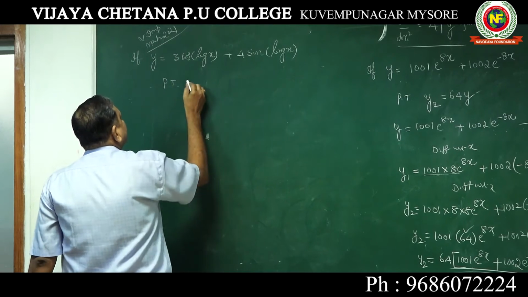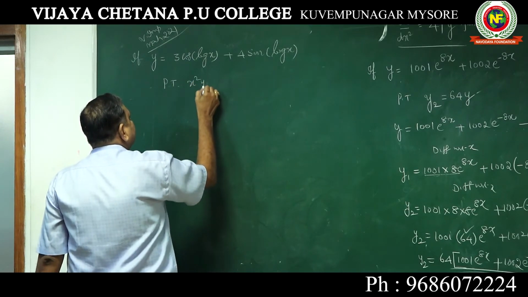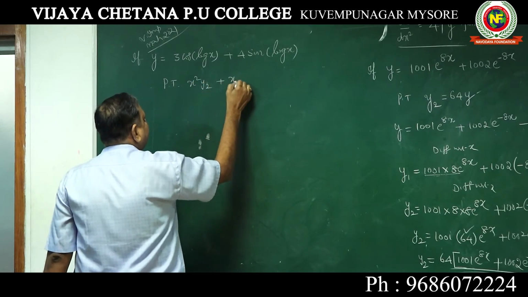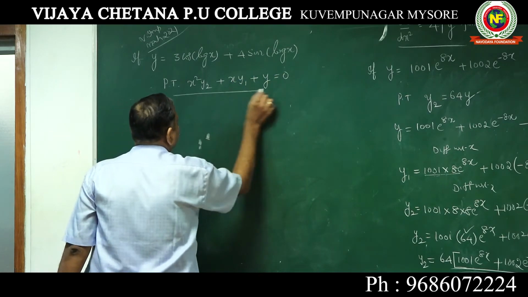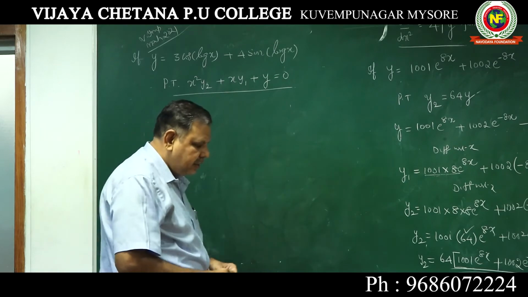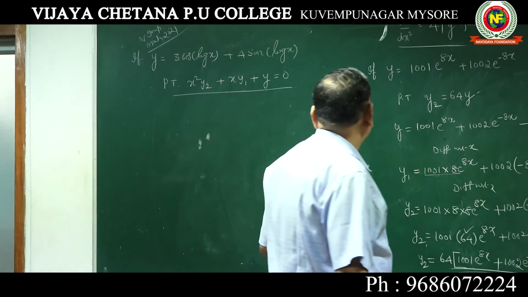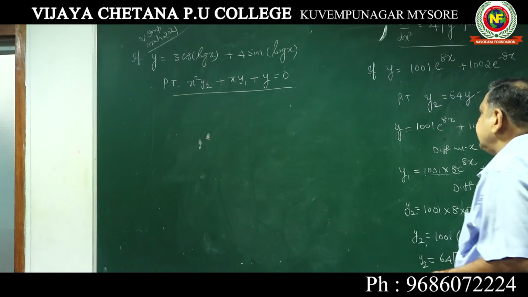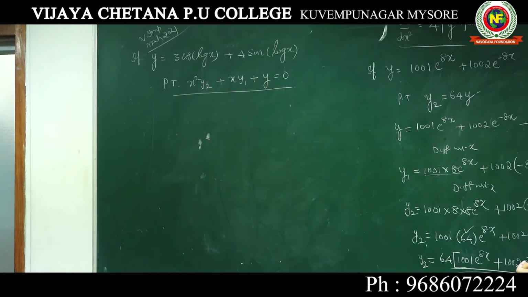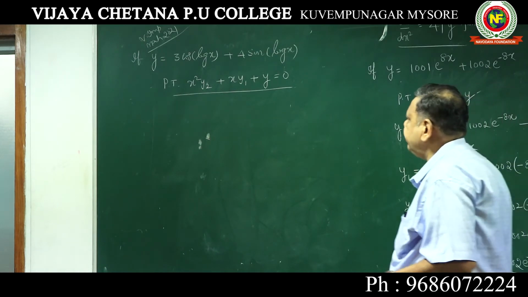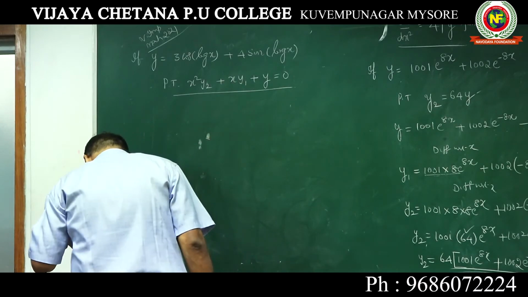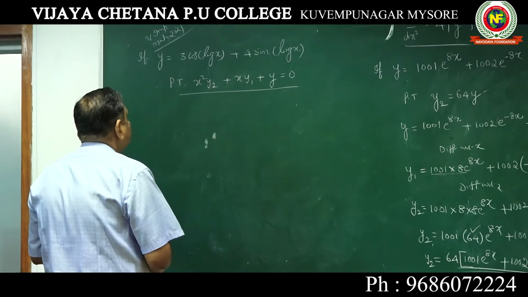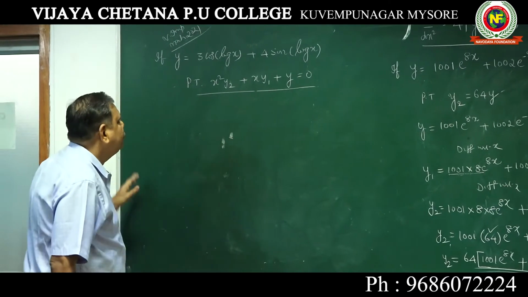Prove that x square y2 plus xy1 plus y is equal to 0. Very, very important question for examination. If y is equal to 3 cos log x plus 4 sin log x, then prove that x square y2 plus xy1 plus y is equal to 0.